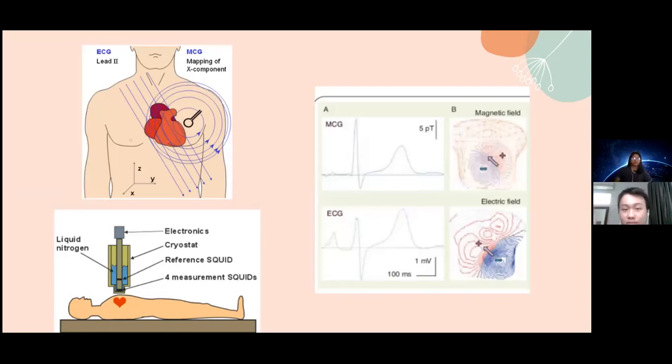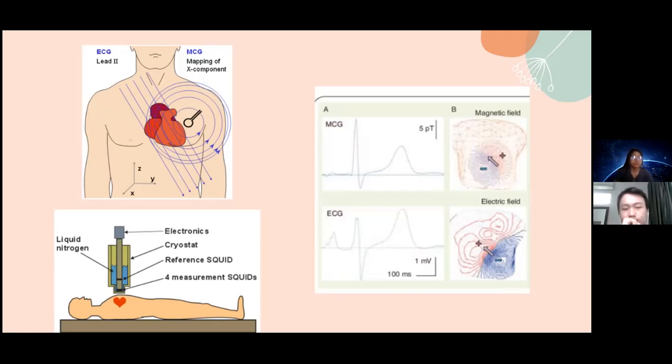From such a map, using mathematical algorithms that take into account the conductivity structure of the torso, it is possible to locate the source of activity. For example, the source of abnormal rhythms, or arrhythmia, may be located using MCG.